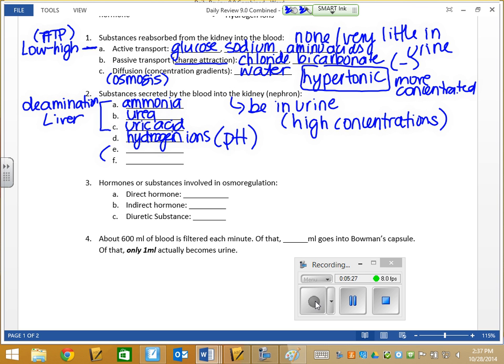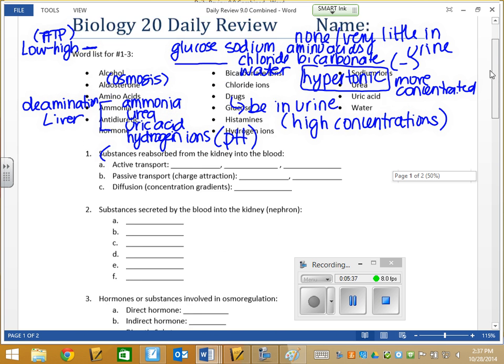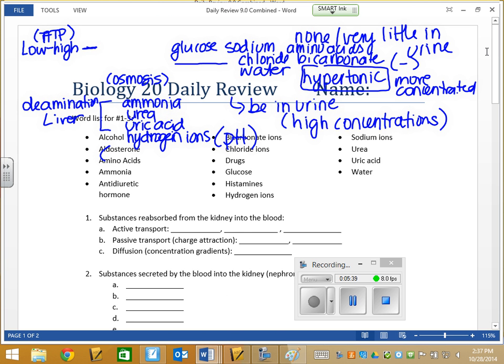Now, the other two things, because I had them on the word list, you could fit them in. So if we look up at the word list, what I had put as the example, this is going to look weird, were drugs and histamines here. But there are lots of other things that would fall into this category.